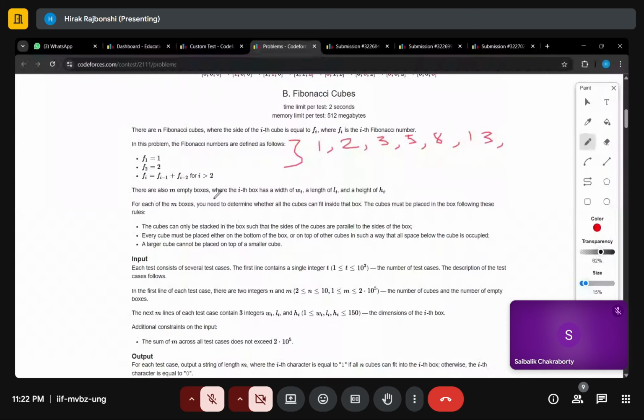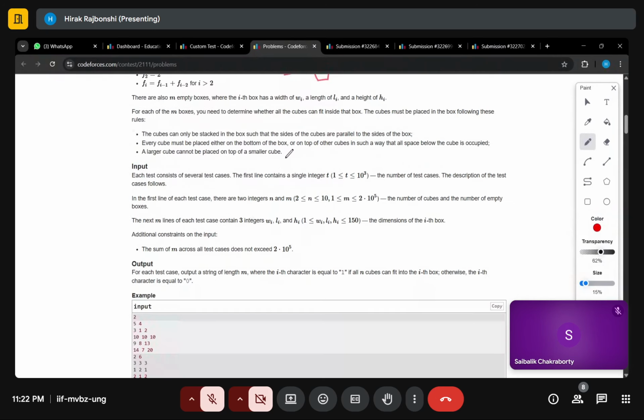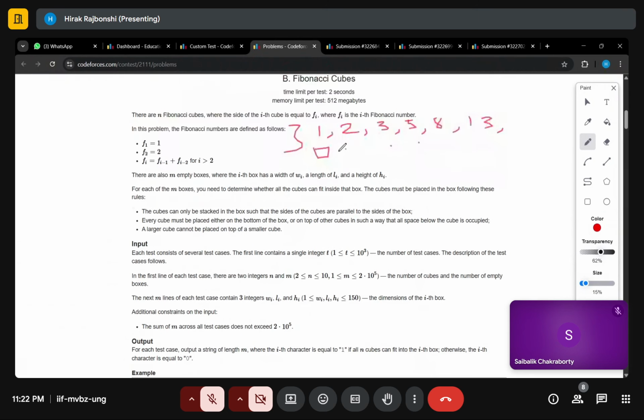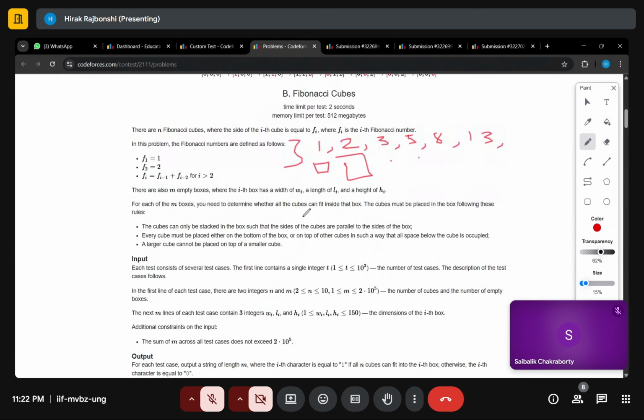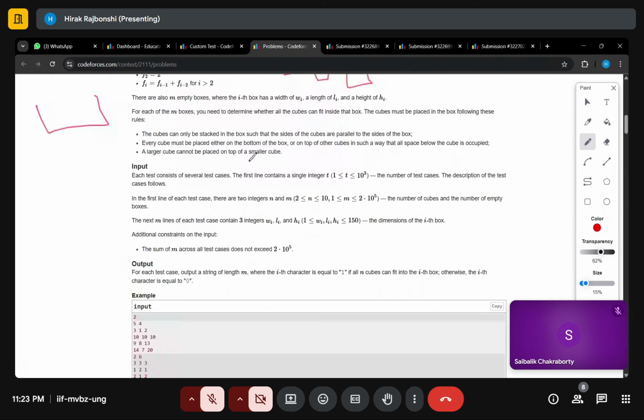Now we have n cubes of sizes 1, 2, 3, 5, 8, and we are given m empty boxes, and we have to insert all these n cubes inside these m boxes.